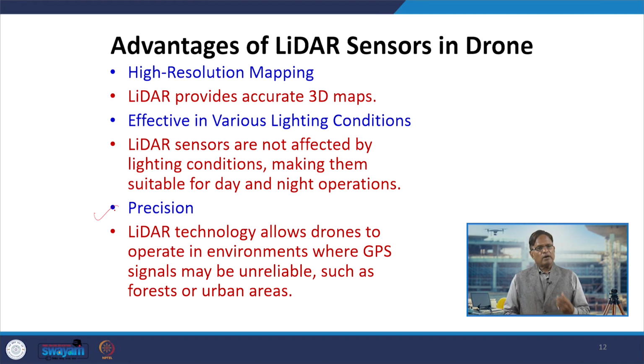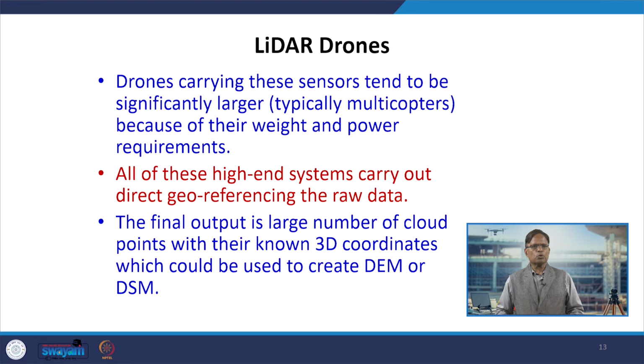Then precision, a very high degree of precision we will get from this particular data. The LiDAR technology will also allow us to operate the drone in environments where GPS signals may be unreliable. So there are areas like forested areas or urban areas where we are not getting correct GPS signals, but the LiDAR technology is very effective in those areas.